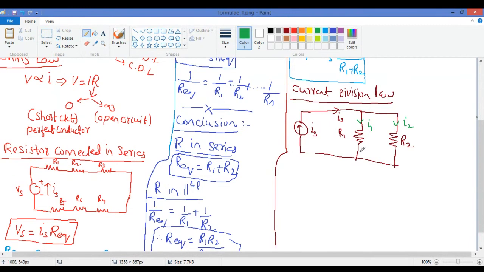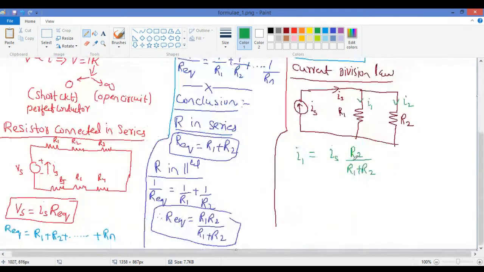Now according to the current division law, I want to find out I1. The current division law states that I1 is the total current times the opposite resistance R2, divided by the sum of the two resistances, R1 plus R2.